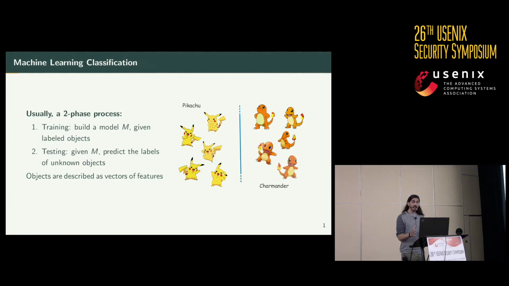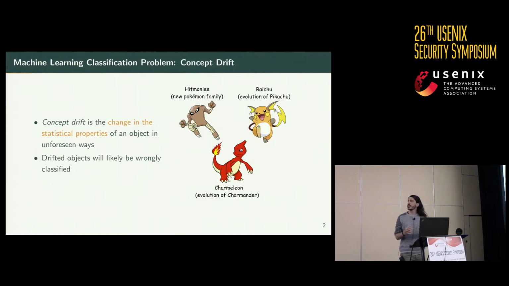In this example it is done with this line. So on the left we will have all the Pikachu, and on the right we will have all the Charmander. So what happens when we need to classify new objects such as these?